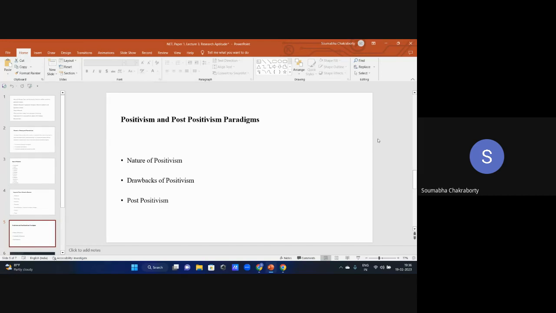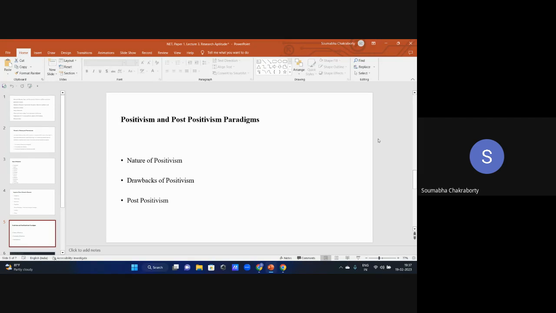This is where post positivists come into play. Post positivists share a lot in common with positivists, true, but most of the research approaches and practices in social science today fit better into the category of post positivism.